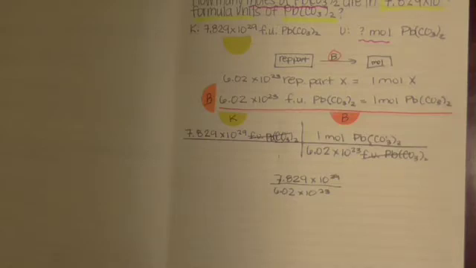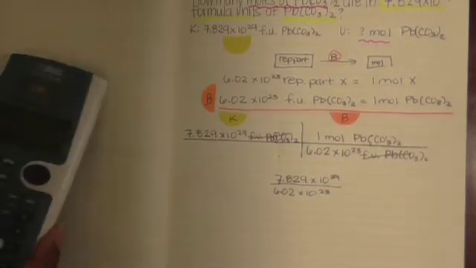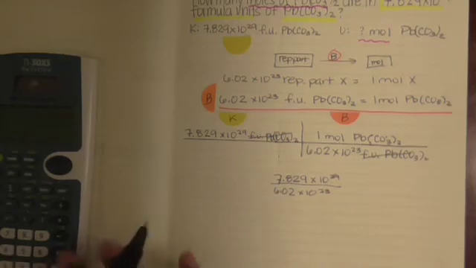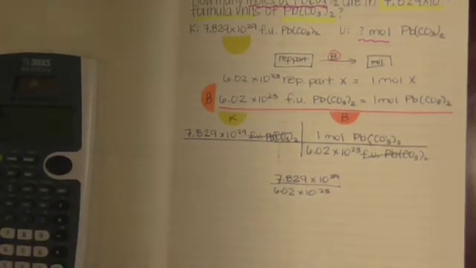You should kind of have an idea that your number should wind up somewhere around 10 to the 5th, 10 to the 6th, depending on these numbers. If you wind up with a number that does not look like that, then you know you've done something wrong, and you need to look at the order in which you put things in your calculator. But if you blindly just put them in and just assume your calculator is going to give you the right answer, then you'll wind up with wrong answers on the test.